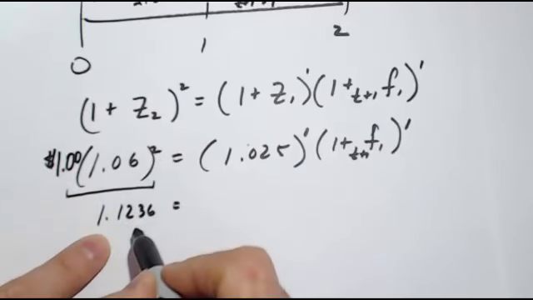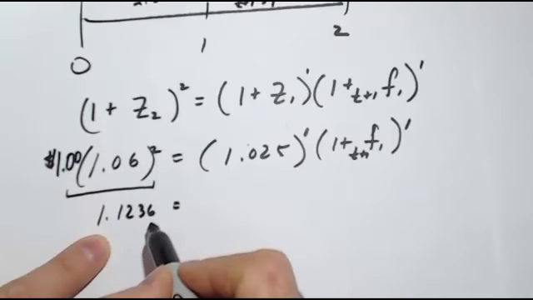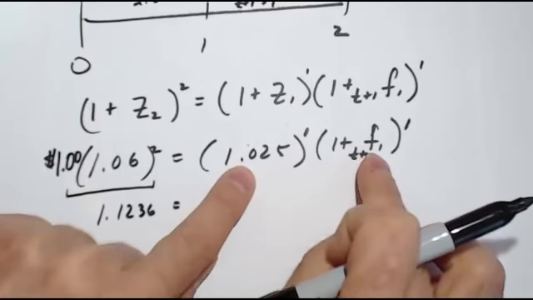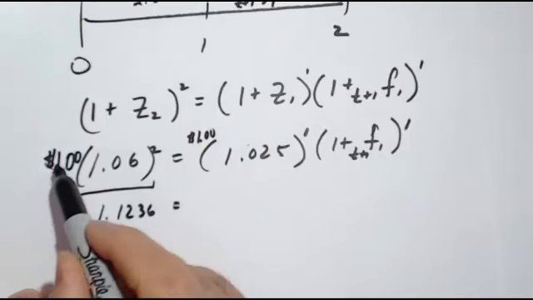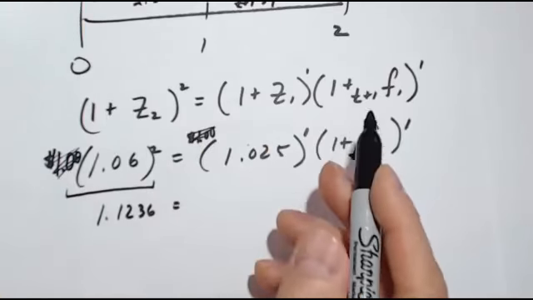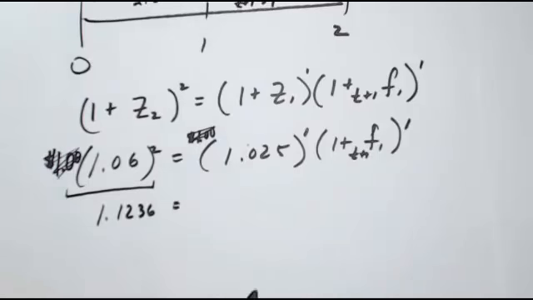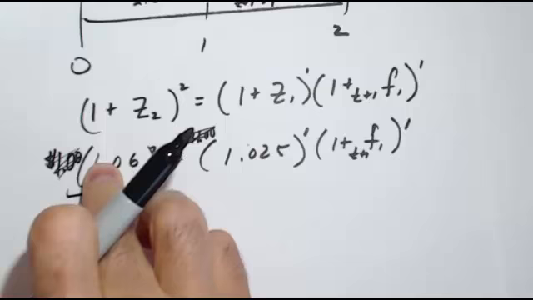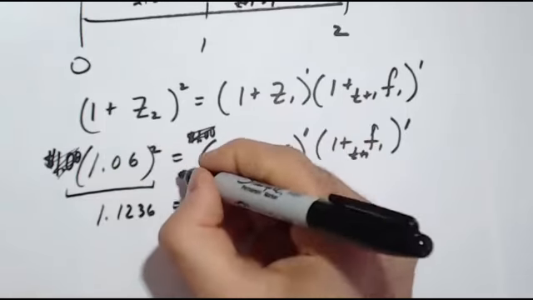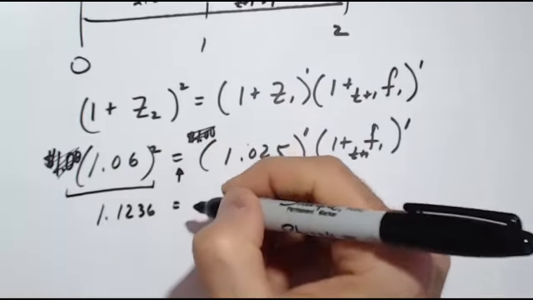It's worth $1.12 and change, right? Versus investing 1 year and then rolling it over. So you can put $1 in here, but remember, multiplying by $1 doesn't do anything mathematically, but it maybe helps you conceptually see that this is a $1 investment and this is a $1 investment. We're indifferent, which means they should be equal.